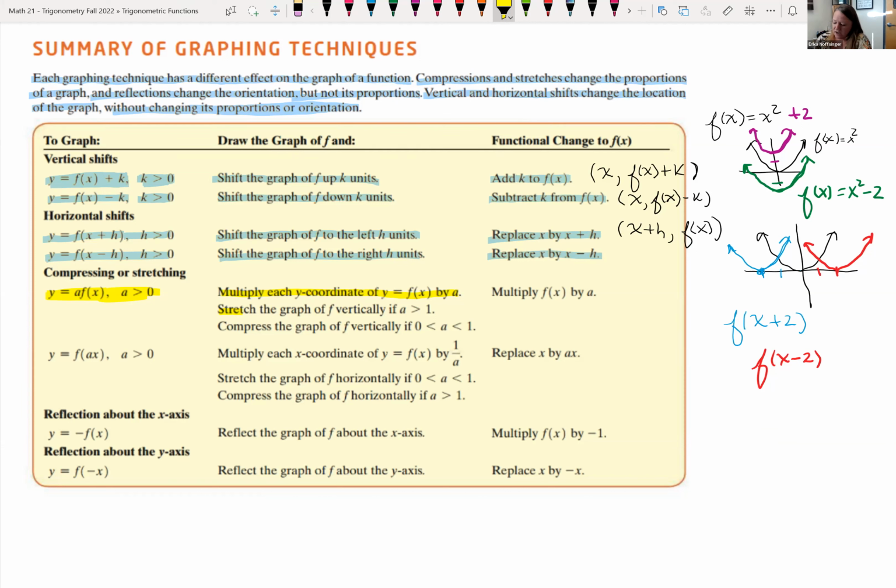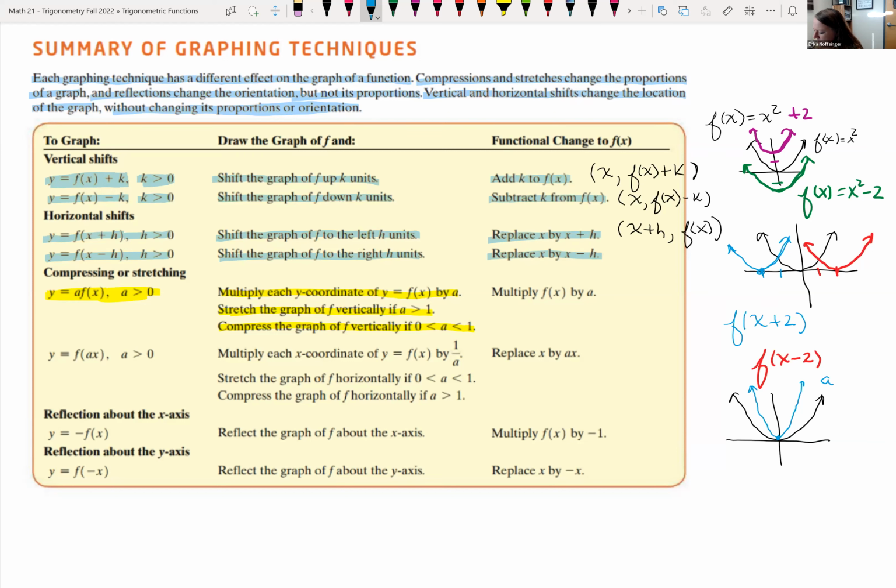If it's bigger than 1, then it's going to stretch it vertically. If it's between 0 and 1, it's going to compress it vertically. So basically, if our number is bigger than 1, our graph is going to grow at a faster rate. So it's going to stretch it up faster. It's going to get skinnier.